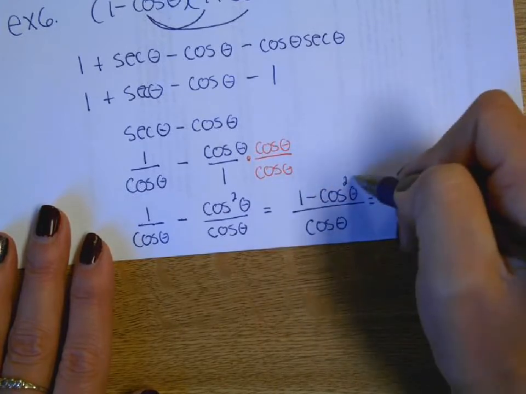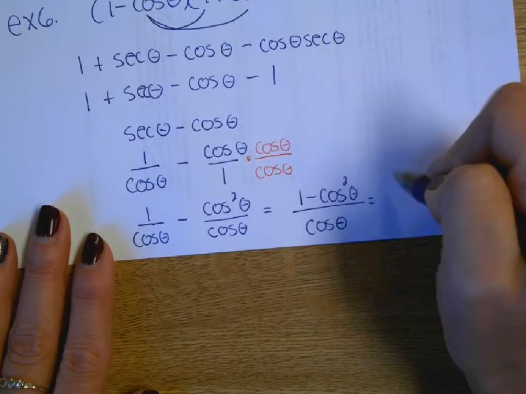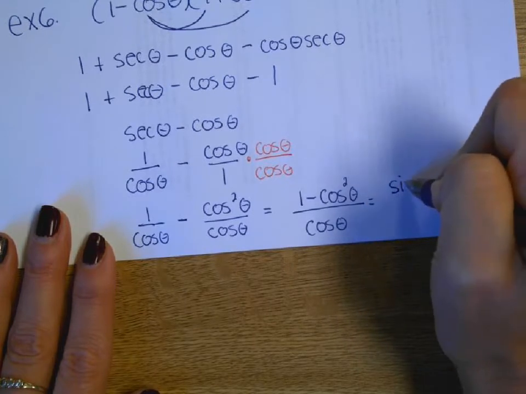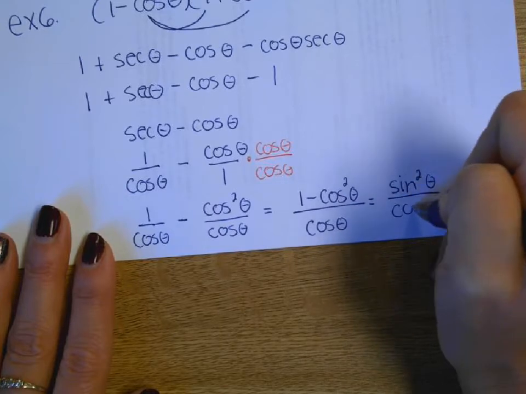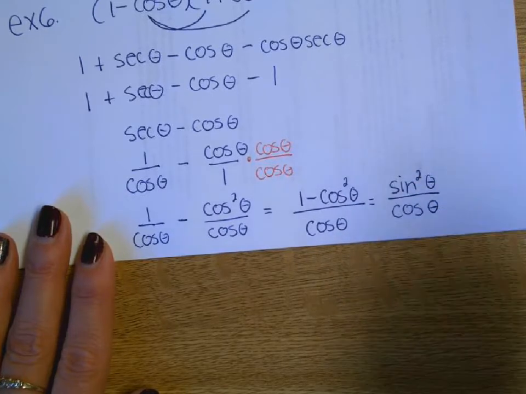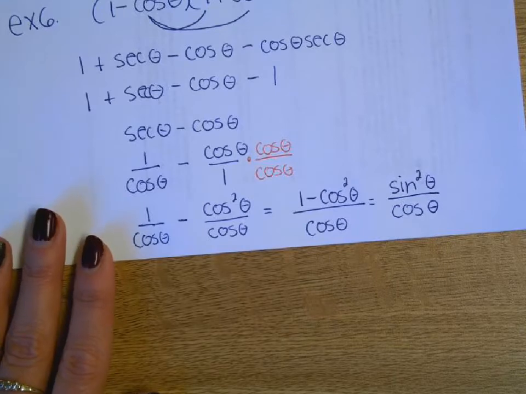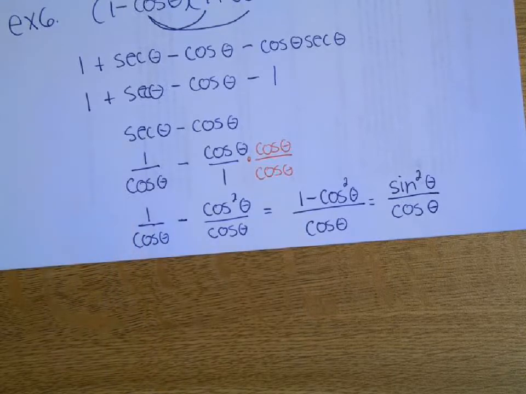So the numerator is Pythagorean. If you look into your Pythagoreans, it equals sine squared over cosine. And I am perfectly happy with that answer.